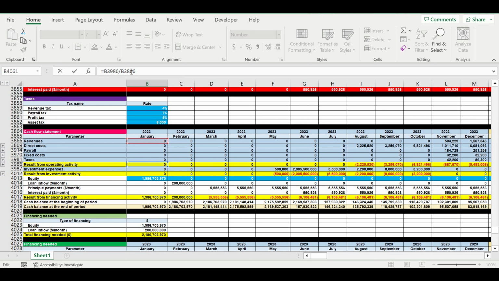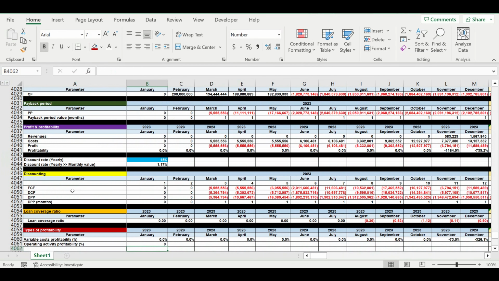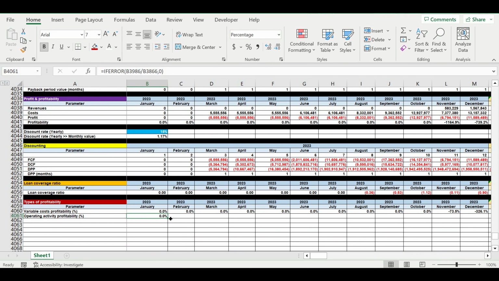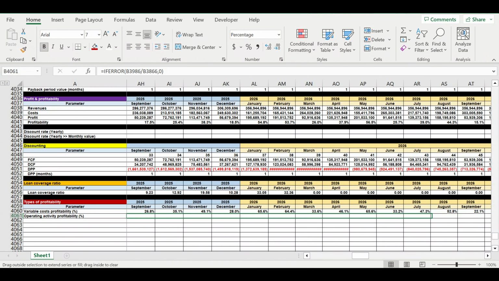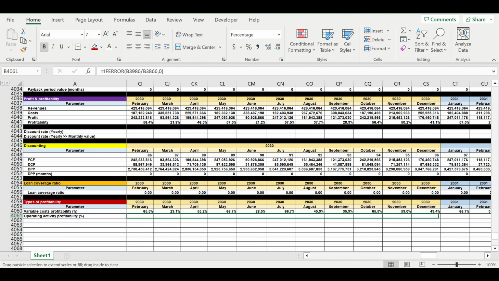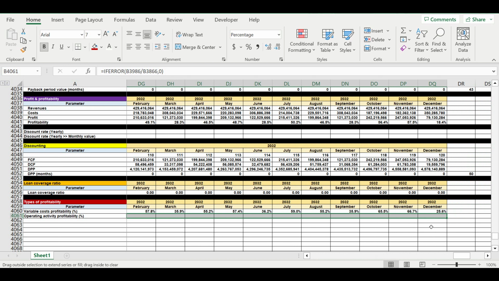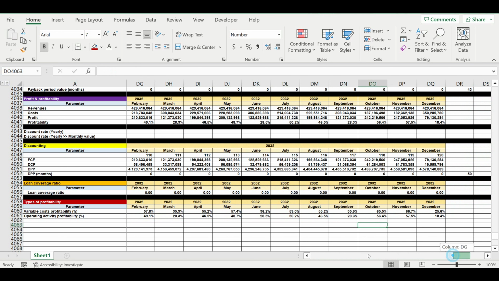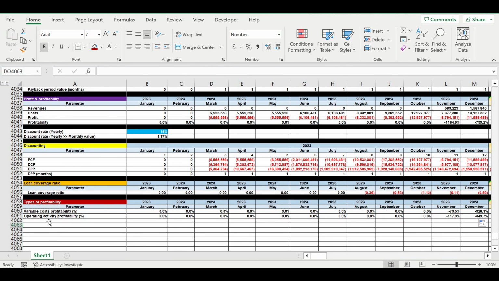So if error, we will put here 0. This is the second type of profitability that we need, and the third one will be, let's say, business profitability.